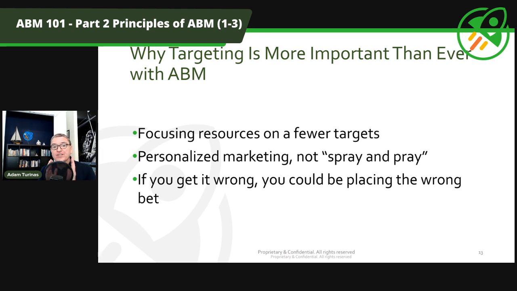And so you're focusing your resources on fewer targets. You're also using much more personalized marketing, which is harder and more time intensive to do than typical spray and pray tactics, the sort of mass emails that go out.